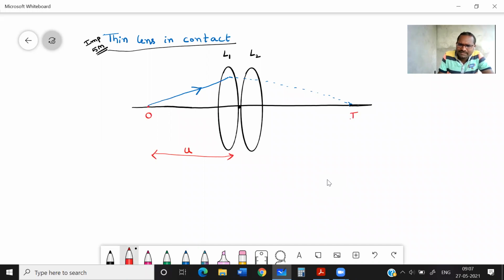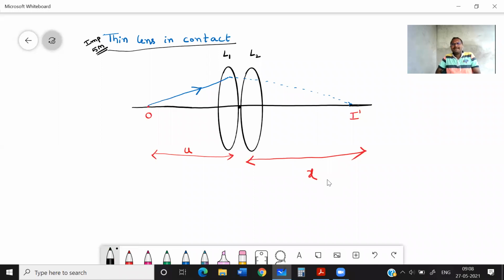Let us suppose it is I dash, and this image I dash is at a distance of x. It has formed.